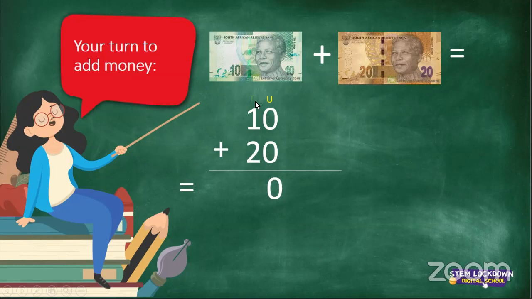Now we're going to add the tens. 1 plus 2 equals 3. Good. So 10 plus 20 equals 30. Now you remember, we're working with money. You need to put the capital R in front of your numbers. Rand. The R is in front of the 10.